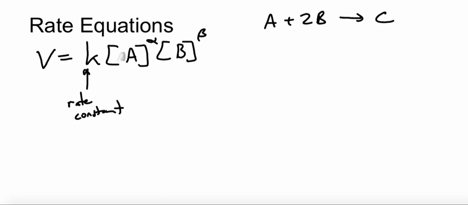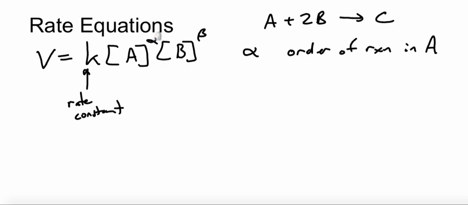Okay, so there's some vocabulary we have to learn if we're going to be able to discuss these. First of all, alpha is going to be the order of the reaction in A. In other words, if I double the concentration of A, what happens to the rate depends on what this exponent is, whether it's a 1 or a 2.